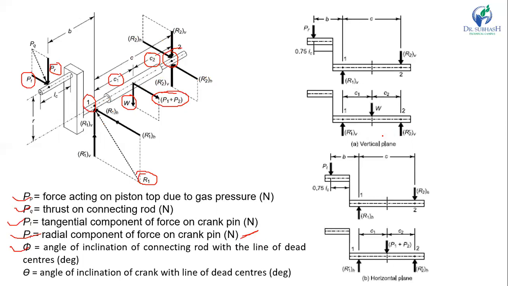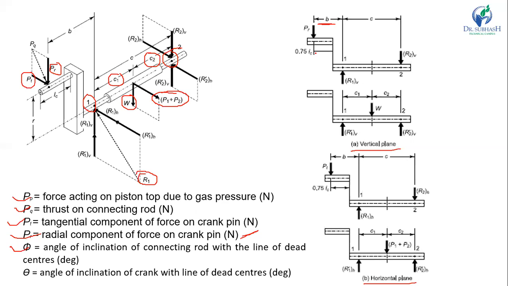Now here you can see this figure A, which shows the vertical plane, and figure B, which shows the horizontal plane, and the different reactions. In the vertical plane, you can see this is R1V at bearing 1 and R2V, the vertical reaction at bearing 2, and the distance between these two is C. And here PR is the vertical load, and this distance is B. B is the overhang.